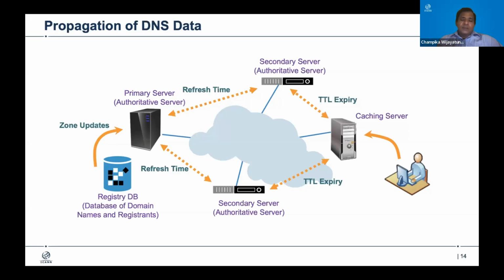And you also put some proper times based on the expected changes in the zone so that the TTL values are quite consistent, so that it doesn't keep in the caches for very long times or very short times. Okay. So anyway, the bottom line, what you have to understand here is that it can take some time to propagate DNS data from one place to another place, or one server to another server, and you need to be aware of this. All right.